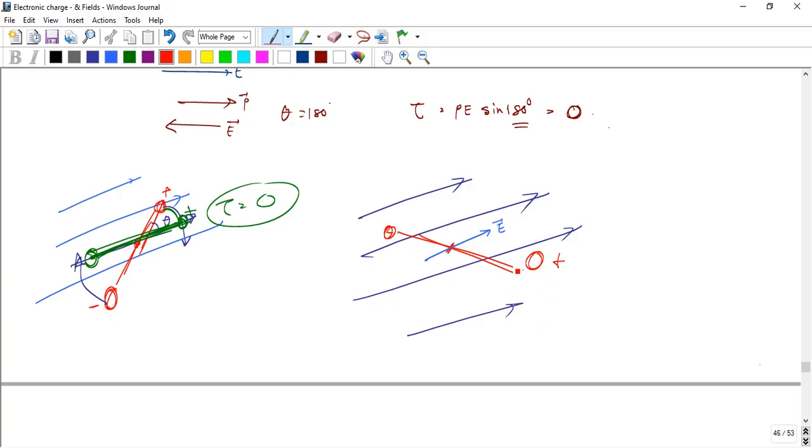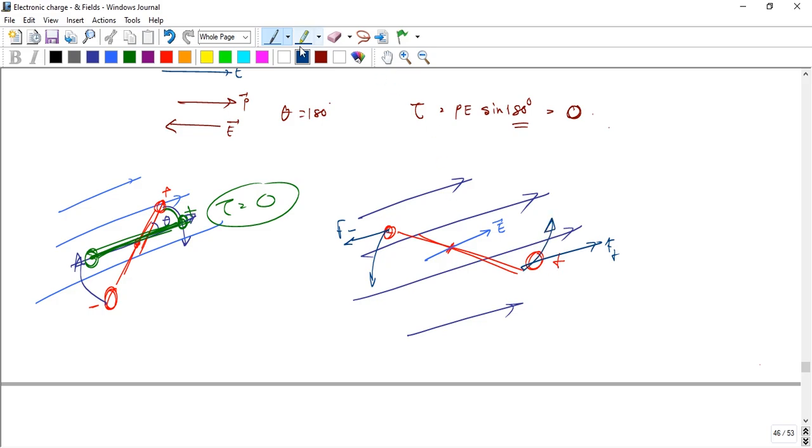If the top has force in that direction, plus, and this force in that direction is minus, then the rotation is anti-clockwise.